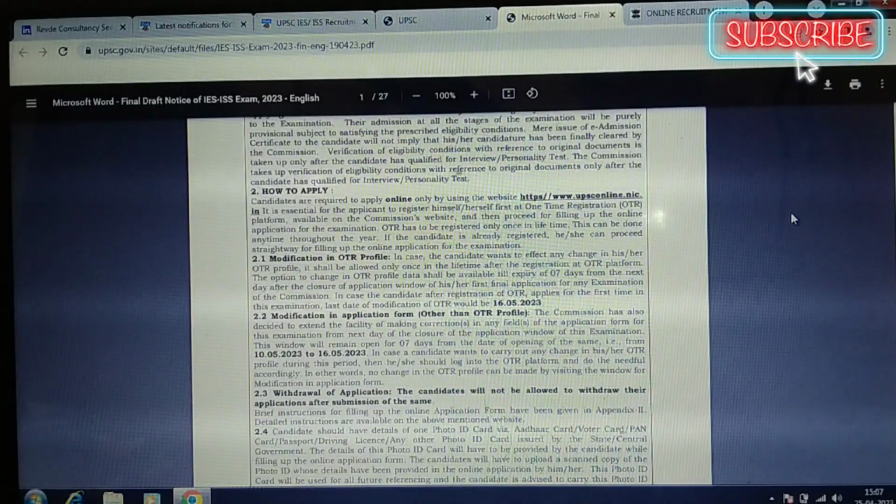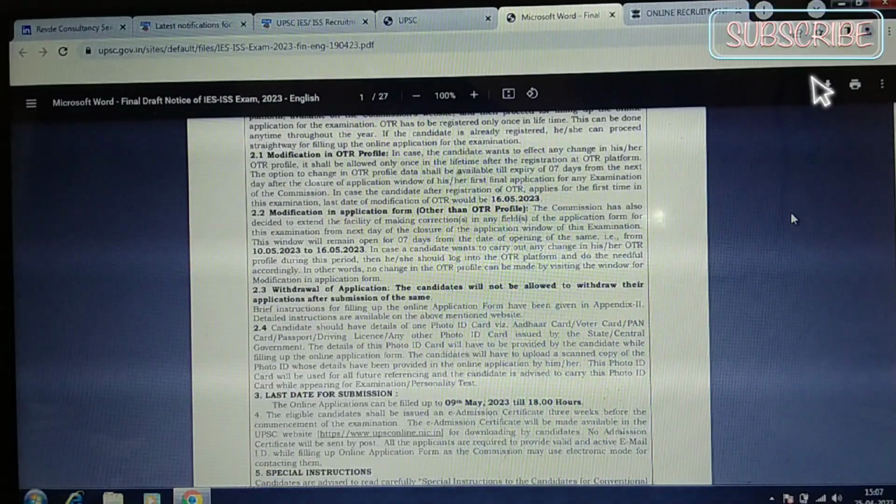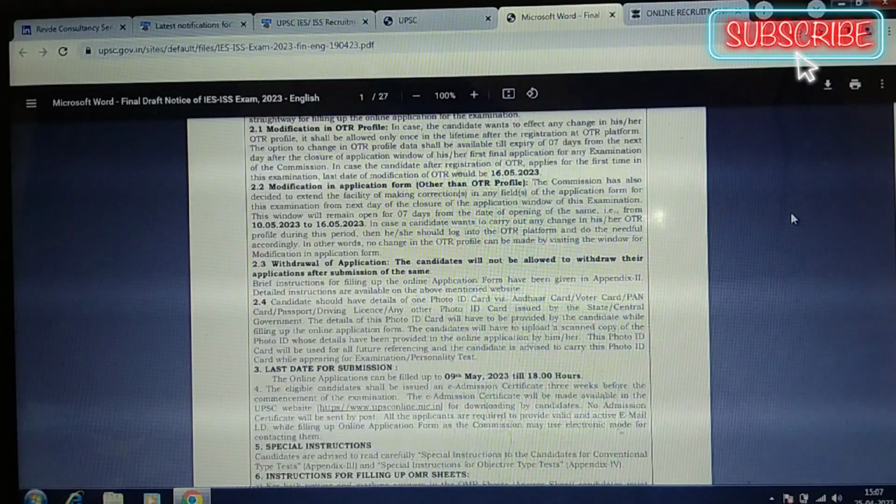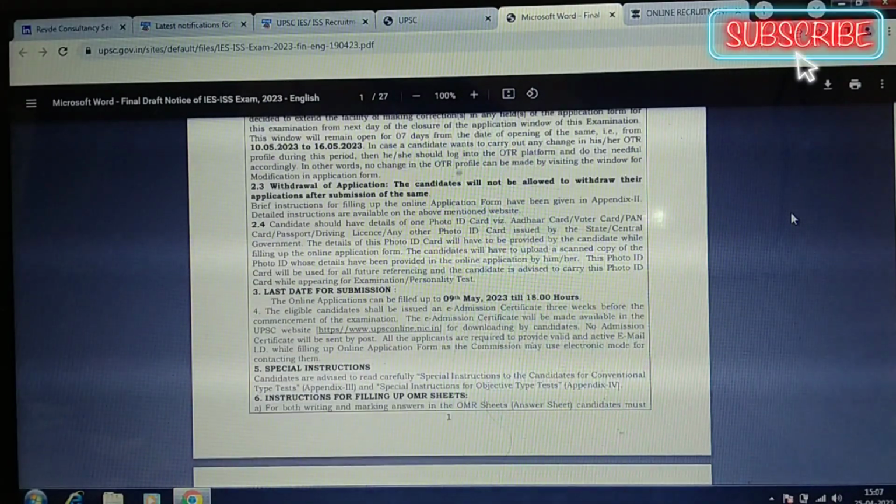And here you have to see how to apply: modes, modification in OTR profile, modification in application form other than OTR profile, and withdrawal of application. The candidates will not be allowed to withdraw their application after submission.